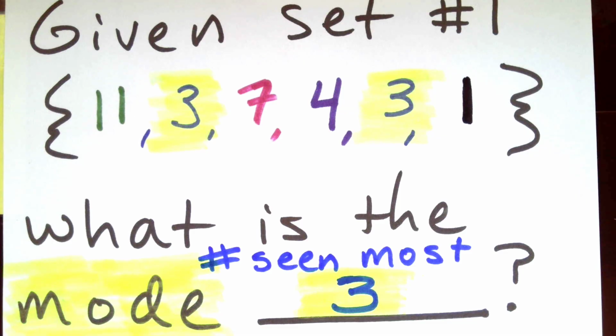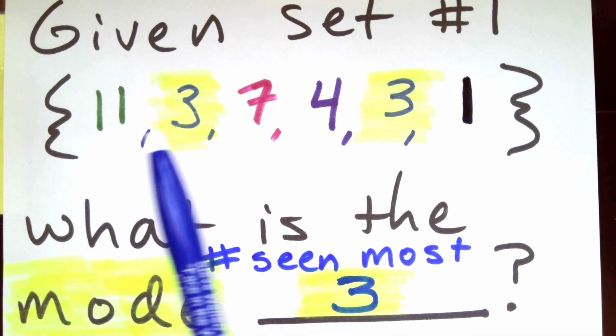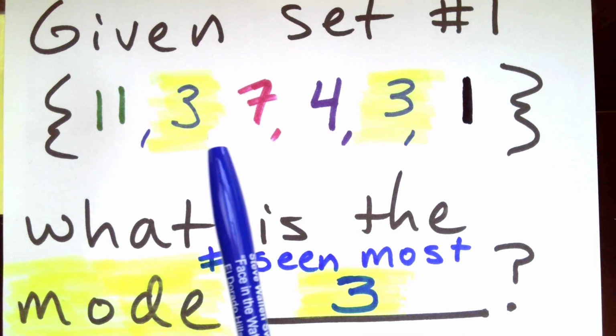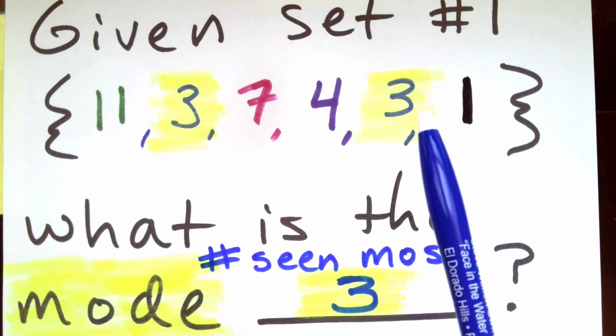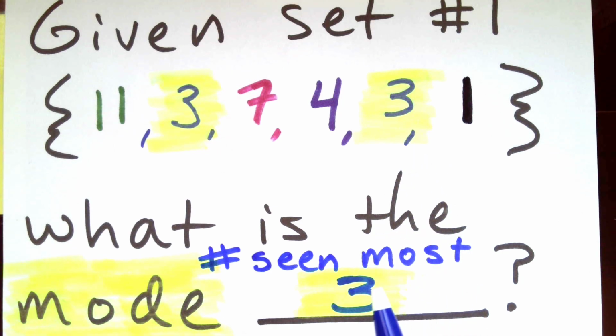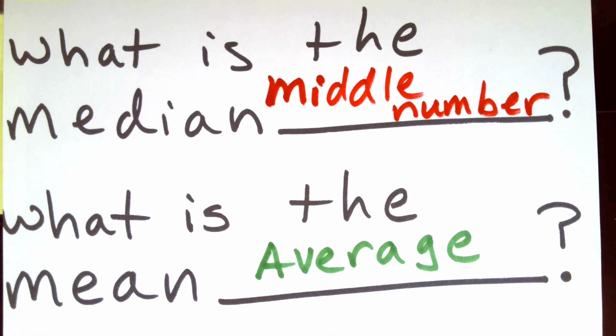All right, so given the set of numbers, what is the mode? Well, the mode is the most seen number in the data set. And if you look through the data set here, you can see that the 3 is seen twice. So our mode is simply 3. Okay, what is the median?